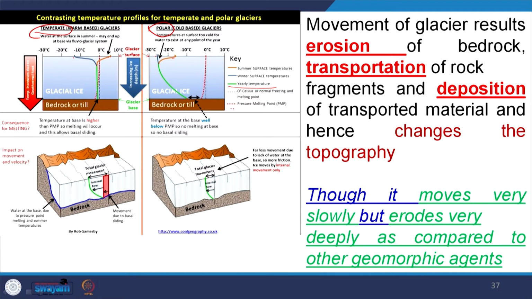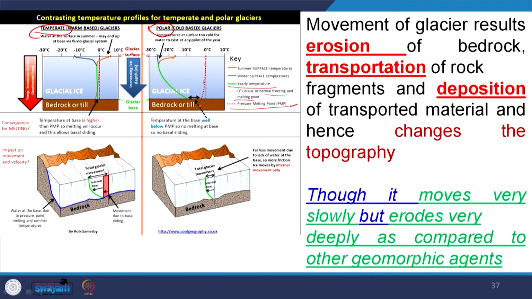Similarly, the pressure melting point starts from 0 to about minus 2 degrees. This pressure melting point remains the same throughout, and here you see 0 degrees Celsius, the normal freezing and melting point, this dotted line.